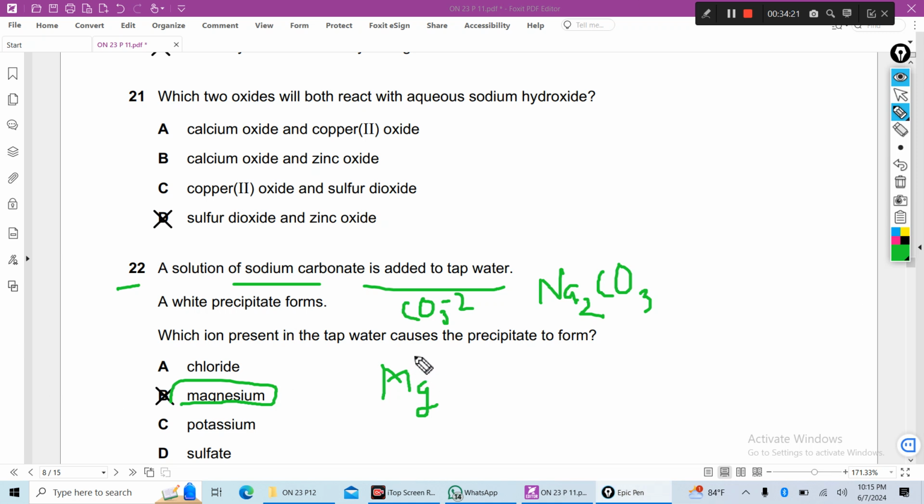Magnesium ion reacts with carbonate ion to produce magnesium carbonate. Magnesium carbonate is a white precipitate. So the answer will be magnesium. Chloride no precipitate, potassium no precipitate, sulfate no precipitate. So B is the right answer.